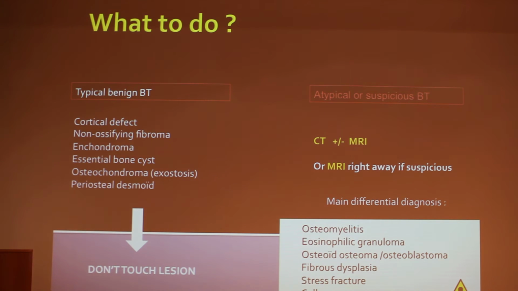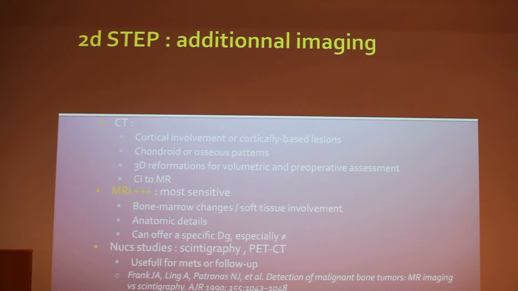So whenever you have atypical or suspicious findings for a bone tumor, you should go further on and have a CT or MR, or better, if you can have both of them really quickly. You've got to know the main differential benign diagnosis here, especially infection, that could be really tricky.